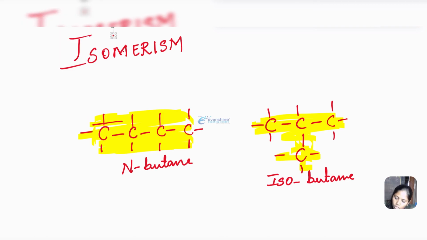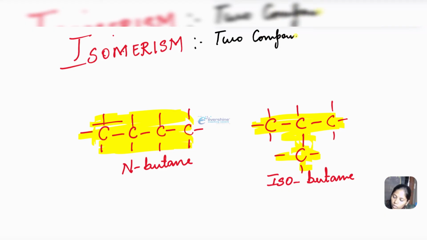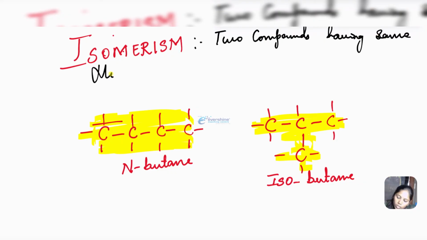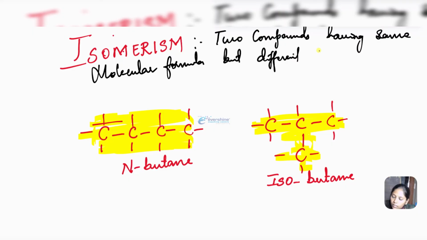So what is isomerism? Two compounds or two hydrocarbons having the same molecular formula but different structural formula or different structure are called isomers.